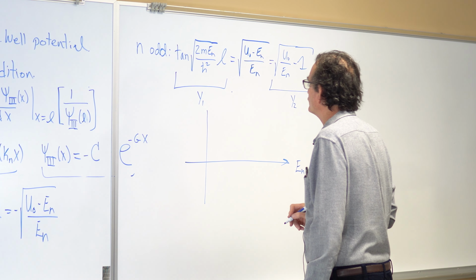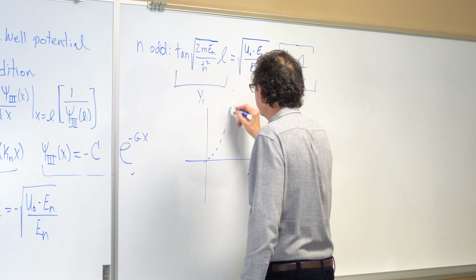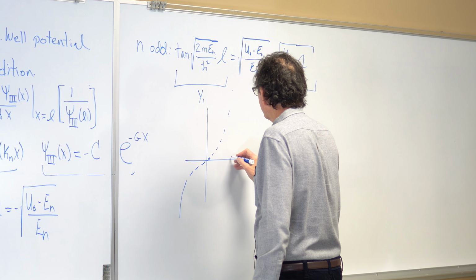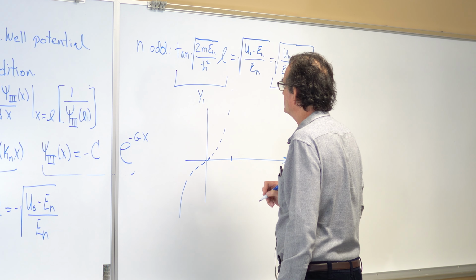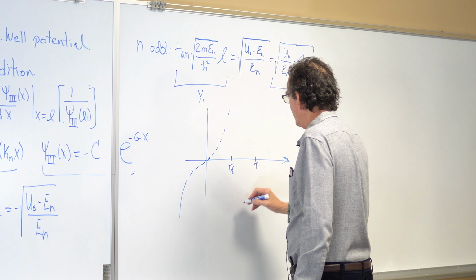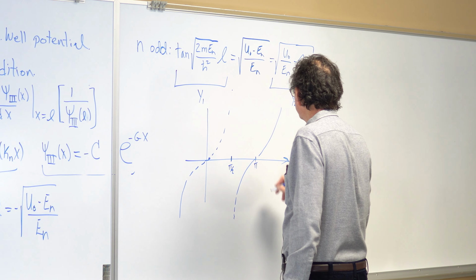And the tangent function is going to be 0 at 0. So this is going to be a function that does something like this. And then at pi, so this is 0 to pi over 2, and then over here I will have pi. And I will get another tangent function that does something like this.